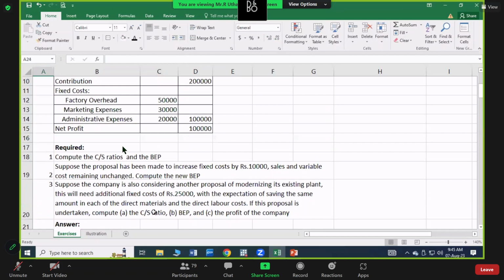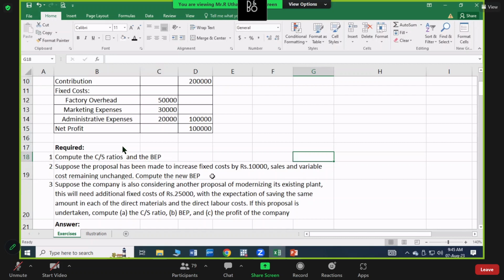Second question. Suppose a proposal has been made to increase the fixed cost by 10,000, with sales and variable cost remaining unchanged.